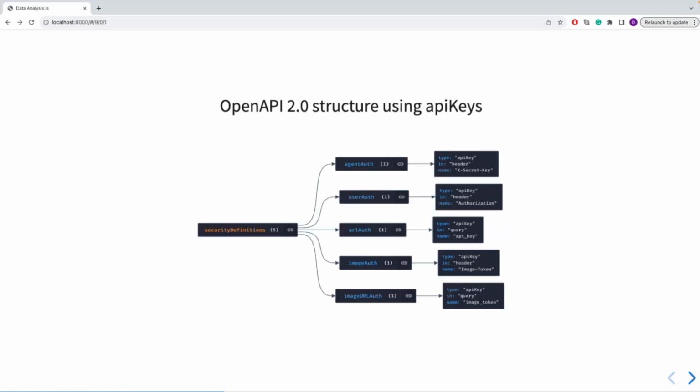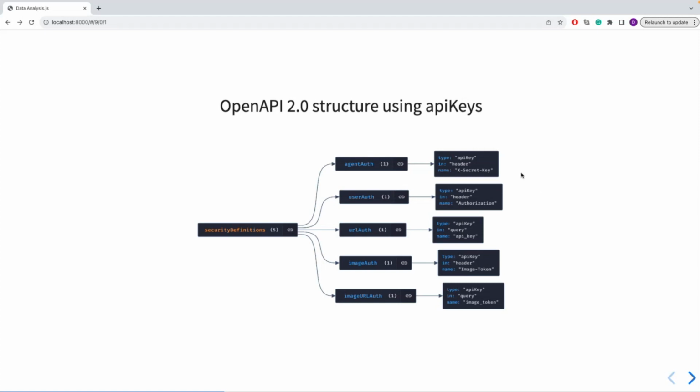This is an example of the structure of the OpenAPI 2.0 version of one API from the database. Here the developer uses convention names to protect different parts of the API. This process is called using multiple keys.